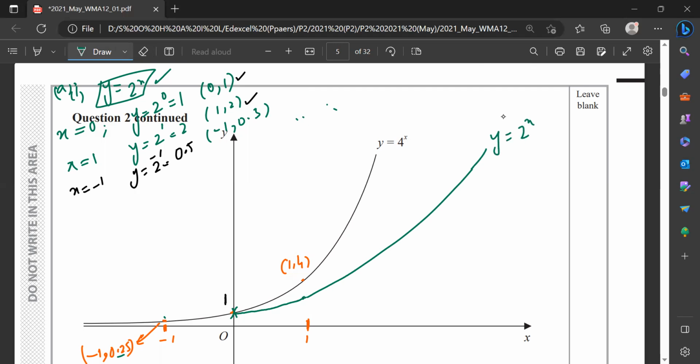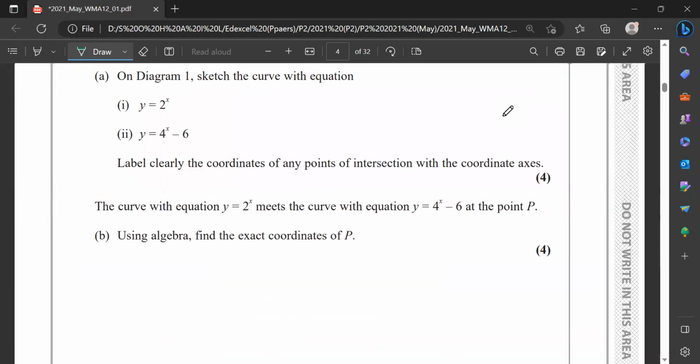Here it is above that. This is the graph of y equals 2 to the power x. And this point is common, for 0 the answer is 1.